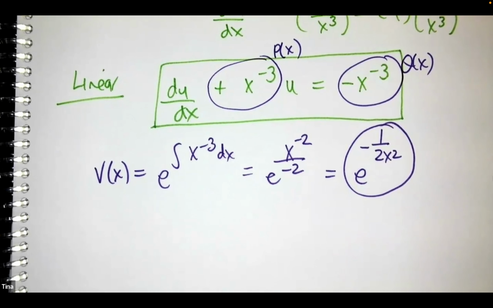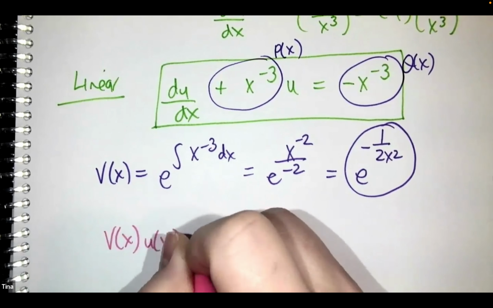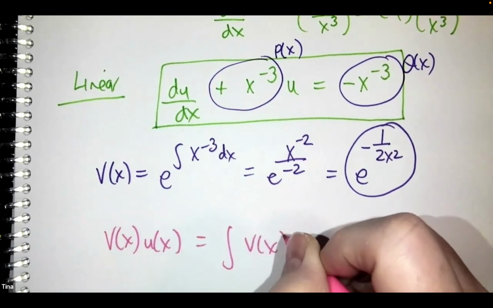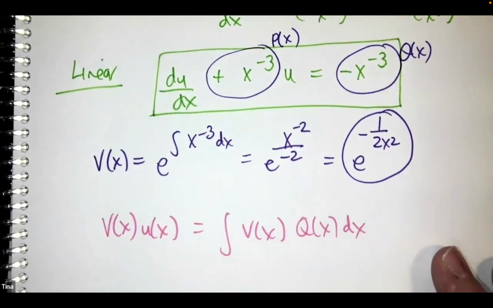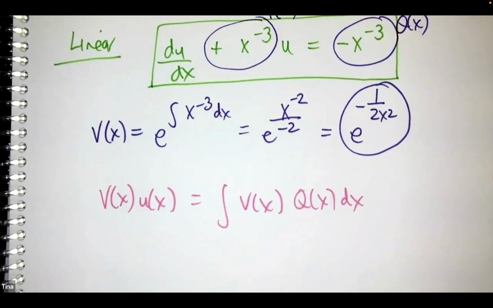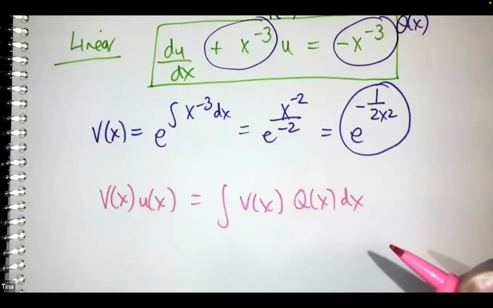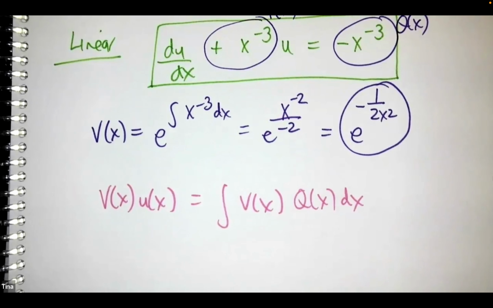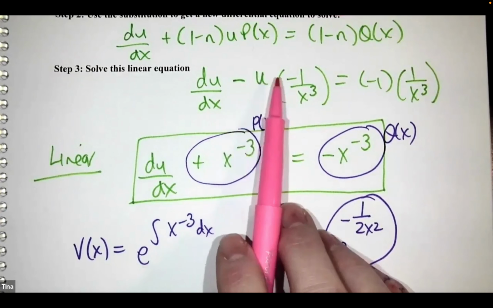Okay. So now we have our formula to solve a linear. V of x times u of x equals the integral of v of x times q of x dx. So my v of x, because a negative times a negative here is a positive.